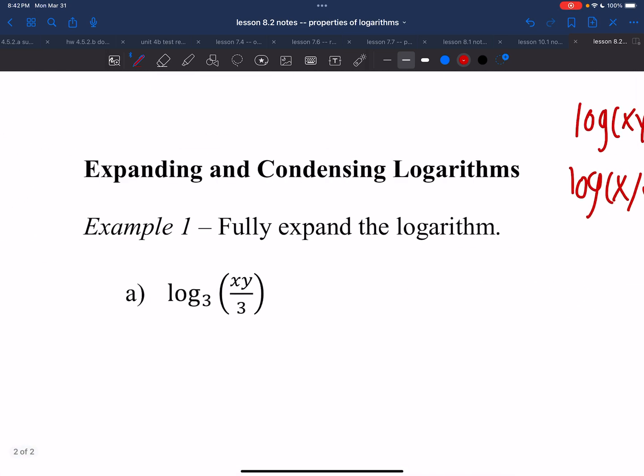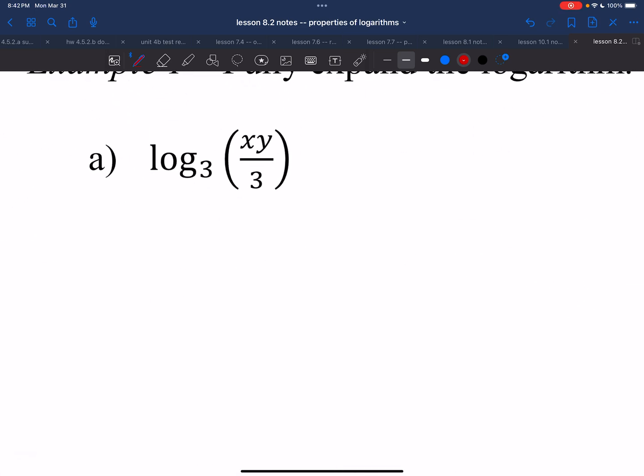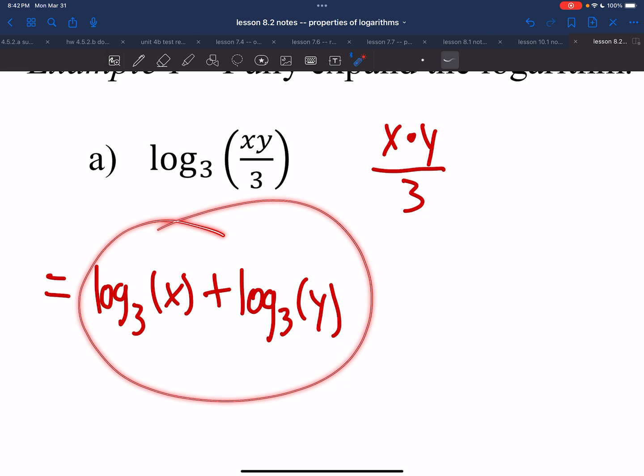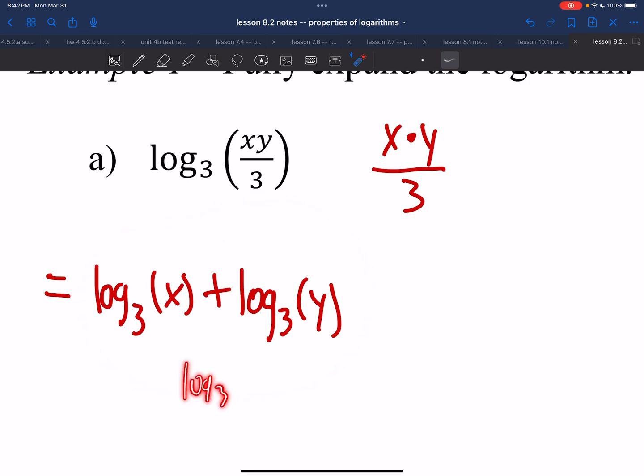Now, if I jump to this logarithm and I look at the argument x times y divided by 3, well, the way this is going to separate is log base 3 of x plus log base 3 of y, because those added is log base 3 of xy, okay?